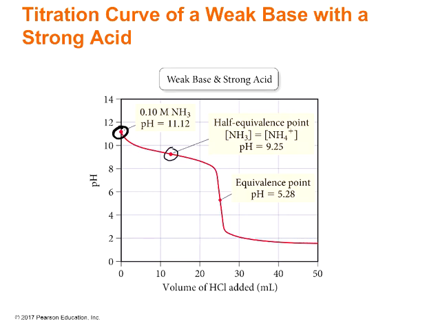This half equivalence point is where the concentration of the weak base is equal to the concentration of its conjugate acid, which in this case is the ammonium ion. So when the concentration of NH3 is equal to the concentration of its conjugate acid, that is the half equivalence point. And we'll see how to determine the pH at that point.